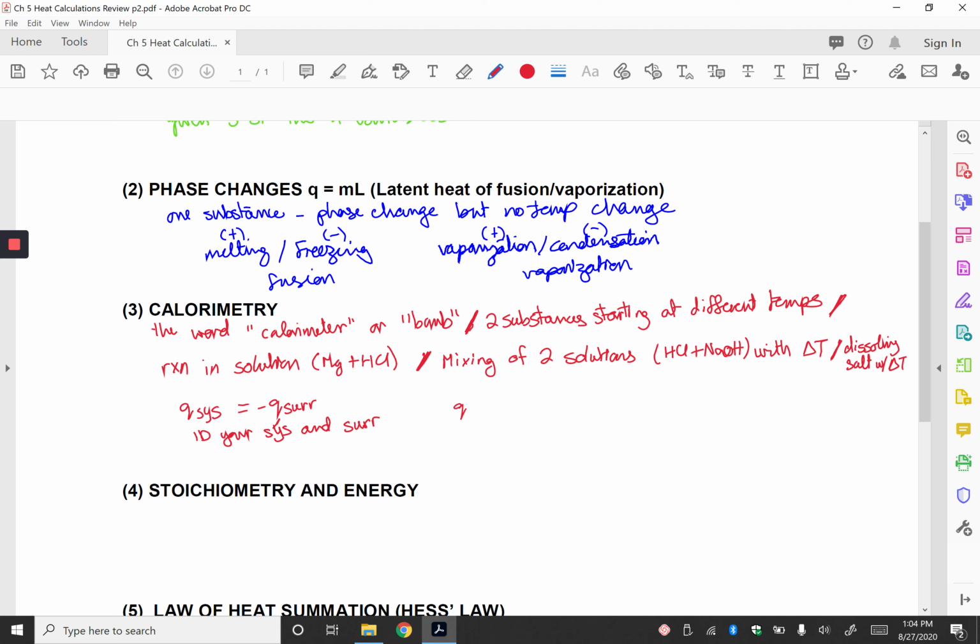So you either say Q of system equals negative MC delta T of your surroundings, or you do MC delta T of system equals negative MC delta T of surroundings. You would use the first one if you are solving for the Q of system or delta H of system. You would use the second one if you're solving for the mass or the specific heat or one of the temperatures of the system.